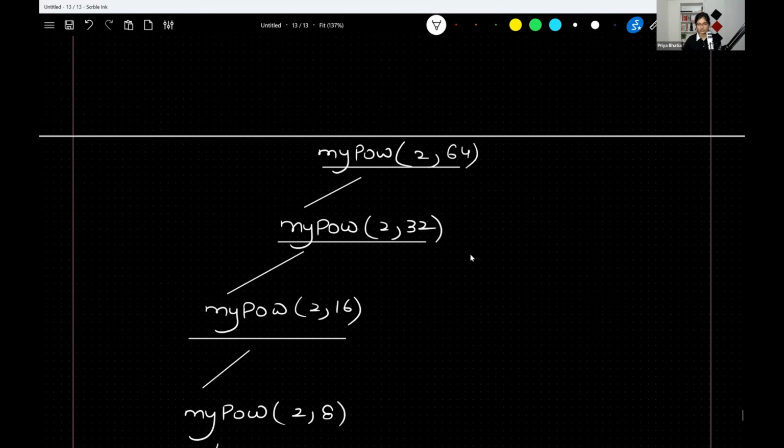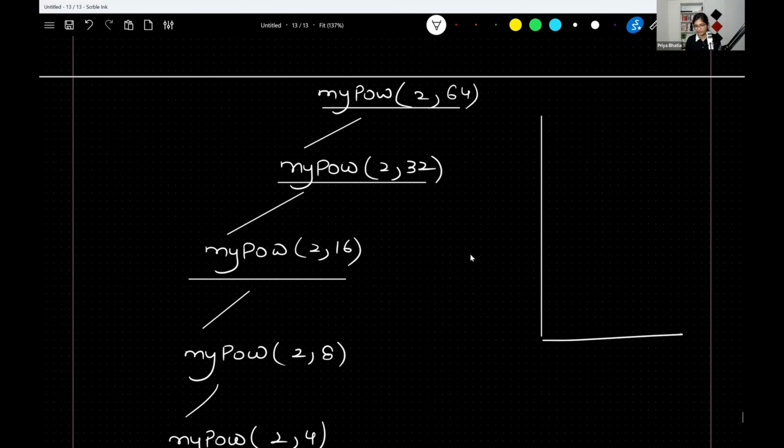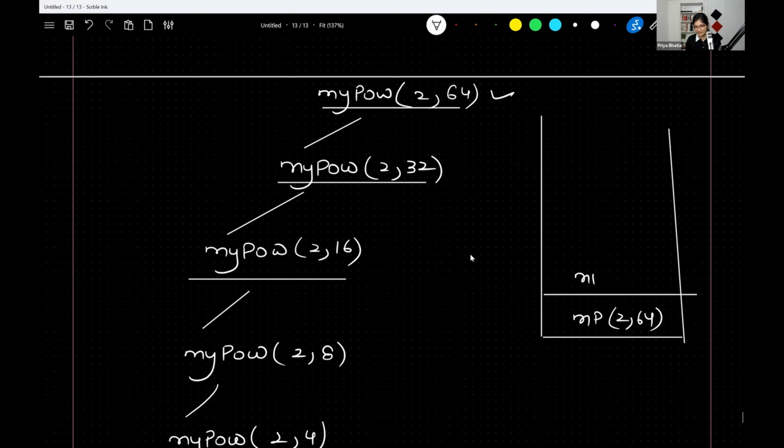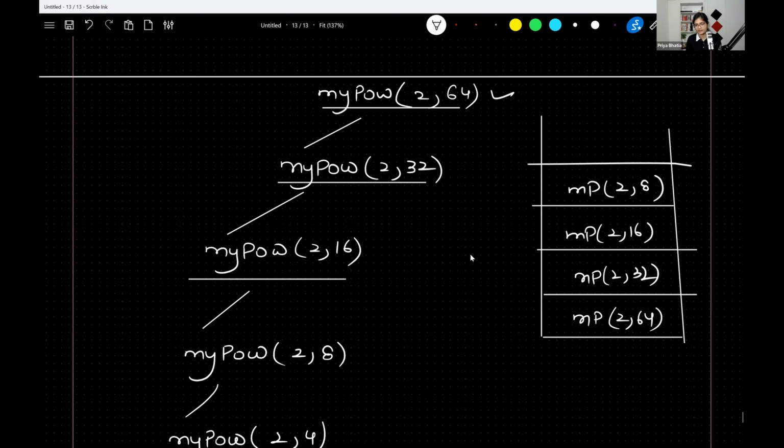So all these function calls, starting from this part, my power 2, 64, then 2, 32, then 2, 16, then 2, 8, then 2, 4, then 2, 2, and finally 2, 1 is stored here, right?